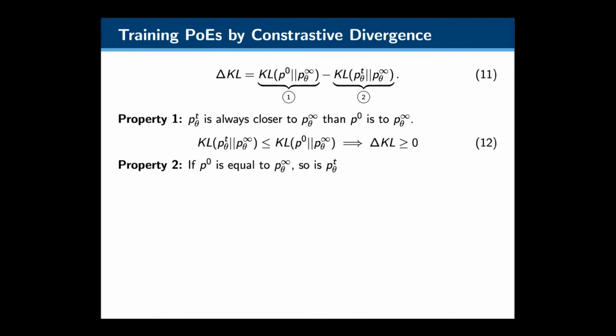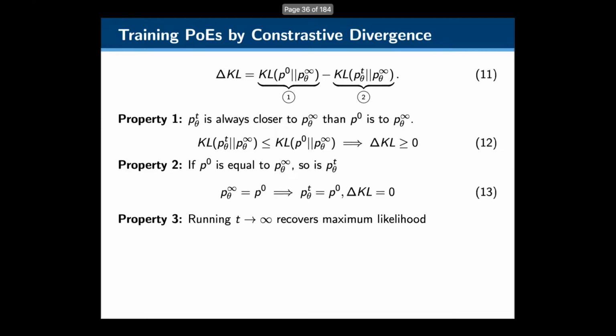The second property is that if the data distribution is equal to the stationary or model distribution, so will be PT, because if P0 is equal to P infinity, then your Markov chain just makes no changes to this distribution over time. And so if this condition is true, the difference in KLs is 0. So this objective is kind of nice, like a KL. It's always non-negative, and it is 0 when you have P0 equal to P infinity.